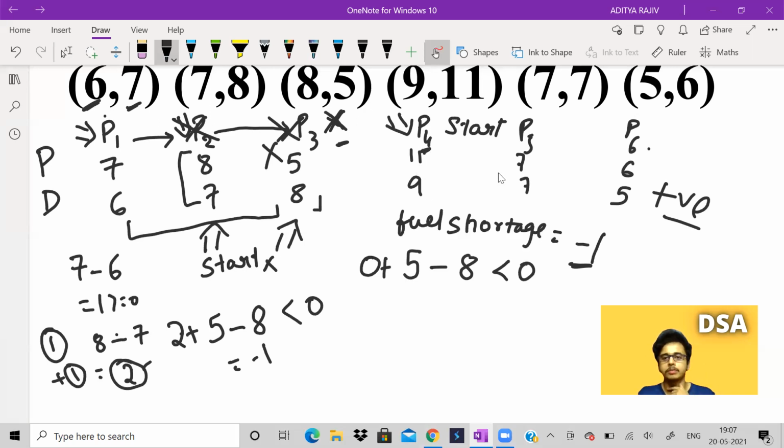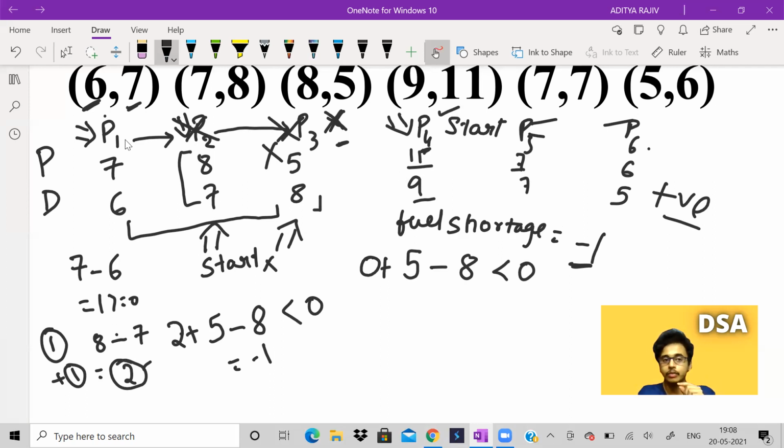So at the fourth petrol pump, see, clearly you can see 4, 5 and 6, petrol values are greater than distance values. So obviously you can cover all these petrol pumps. If petrol value itself is greater than distance value, definitely you can cover. But is that sufficient for us to tell that we can start from this point?